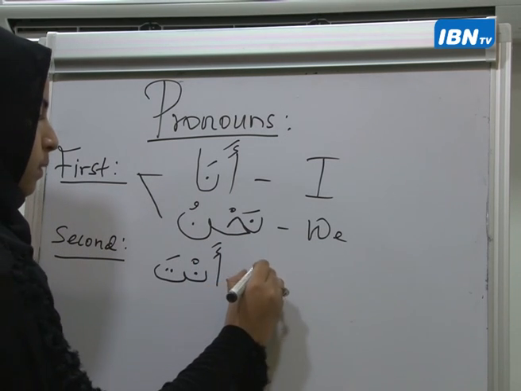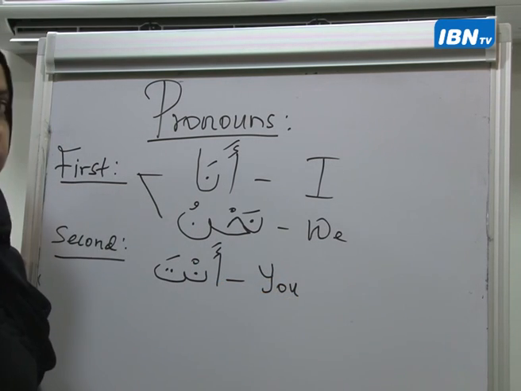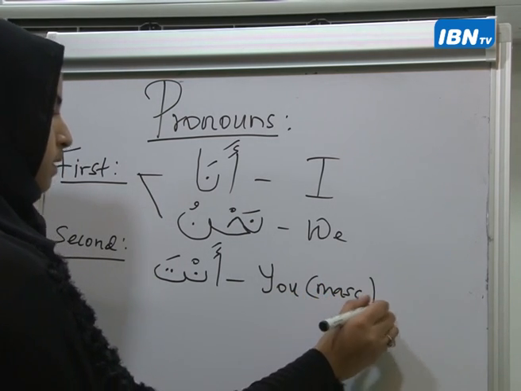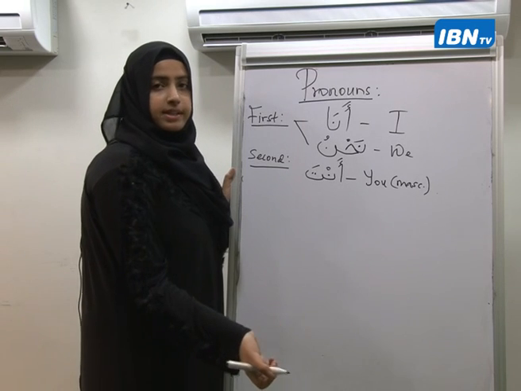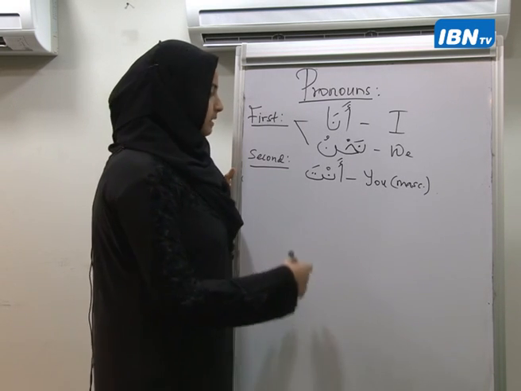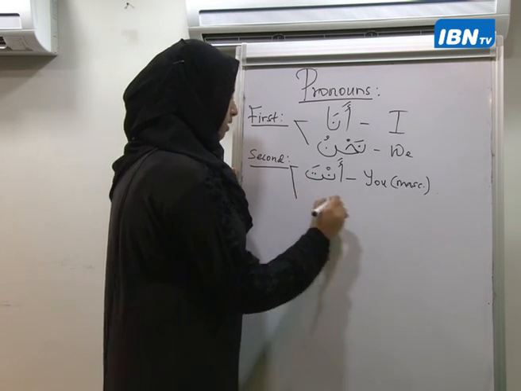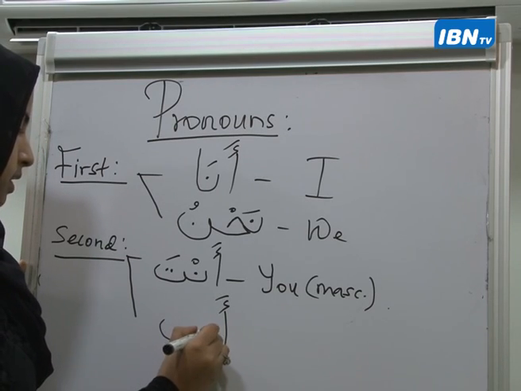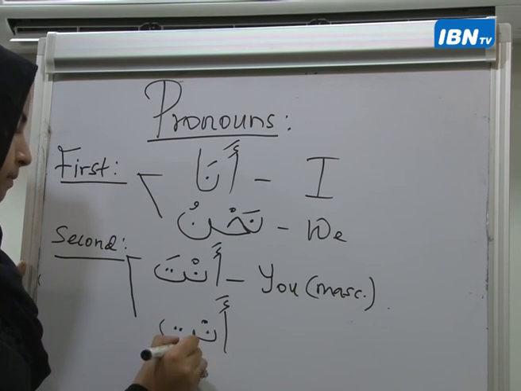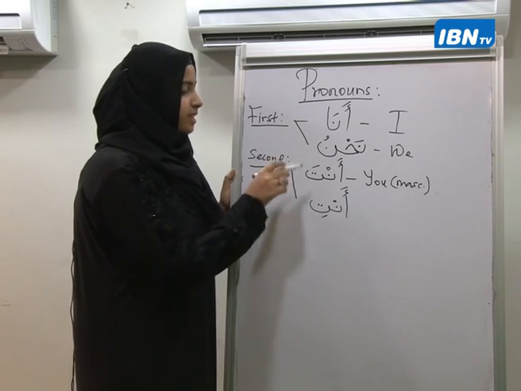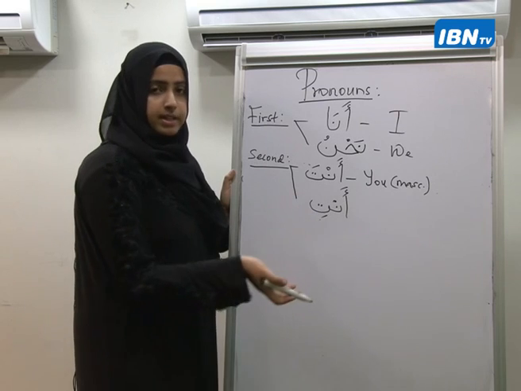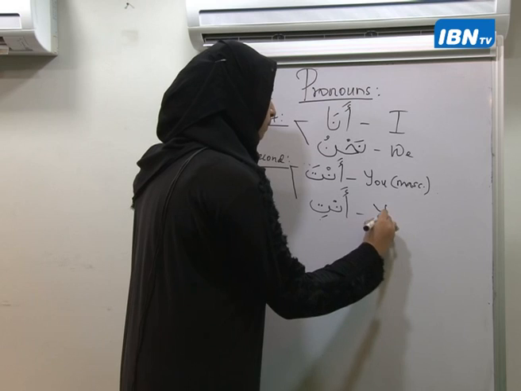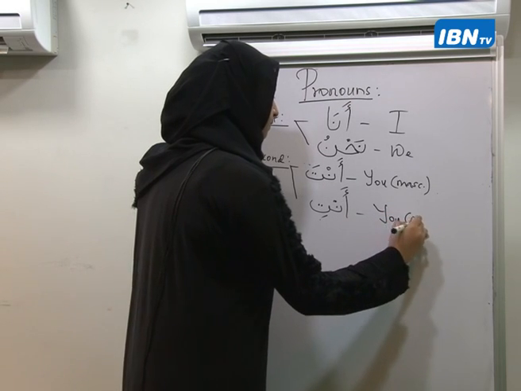And if you want to address the feminine, you say anti. It's just a matter of changing the accusative sign to the genitive sign, and there's no more difference. So I have you, feminine.